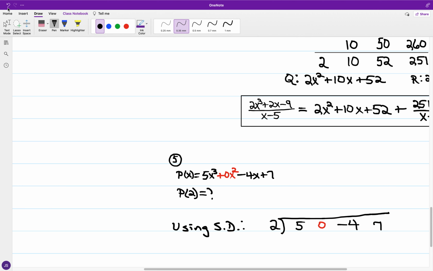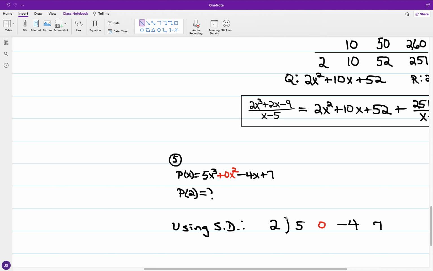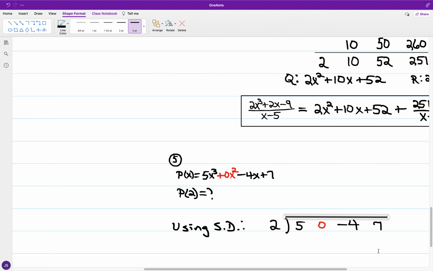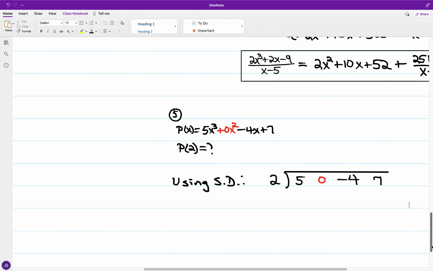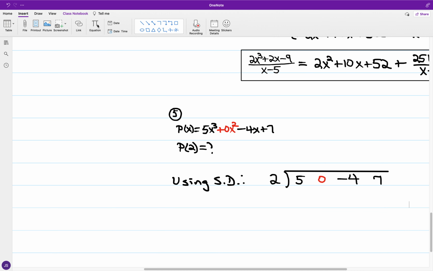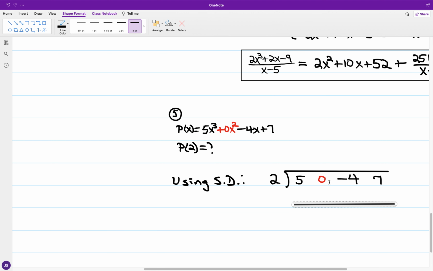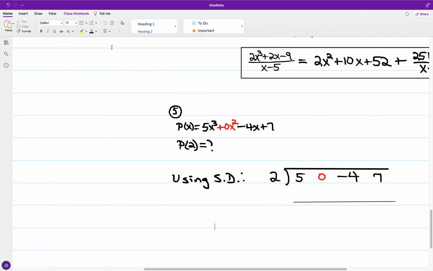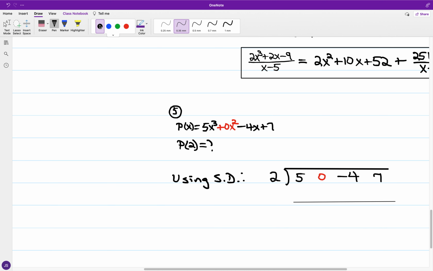Looking at the synthetic division setup, we're looking at column by column addition. For the first case, 5 is both the leading coefficient in the dividend and also in the quotient.